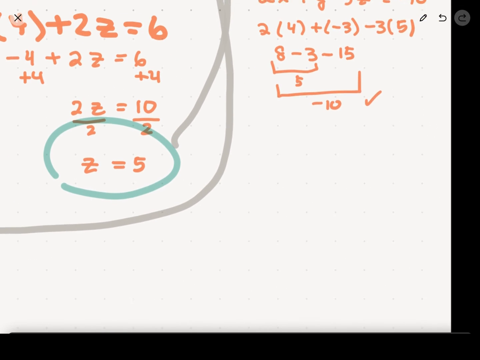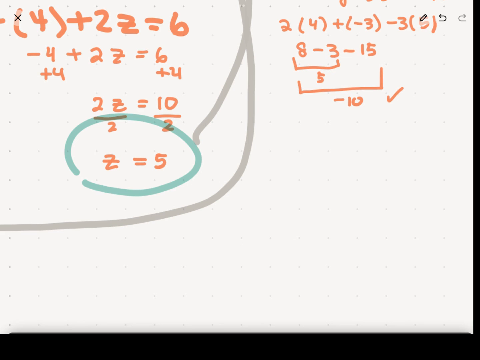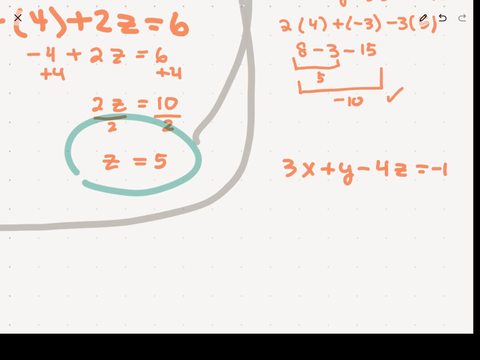I will do the same thing with the third equation just to be safe. The third equation says 3x plus y minus 4z equals negative 11. I am plugging in the three numbers that I have. For x, I am going to plug in 4. For y, negative 3.